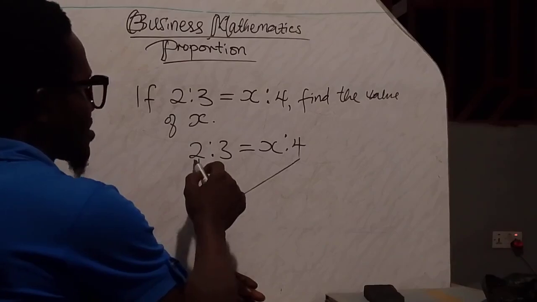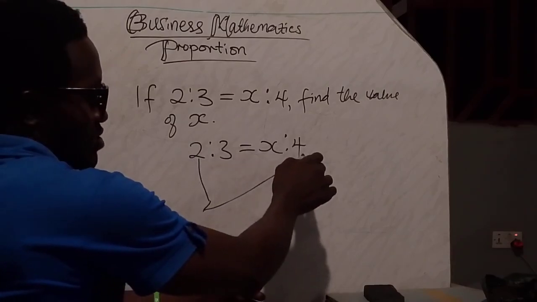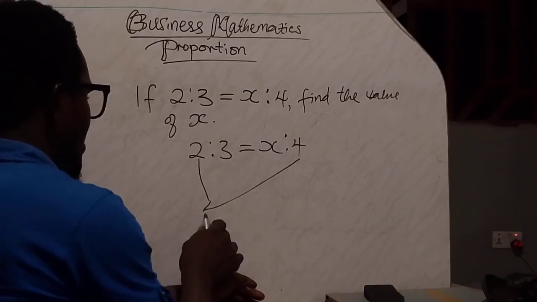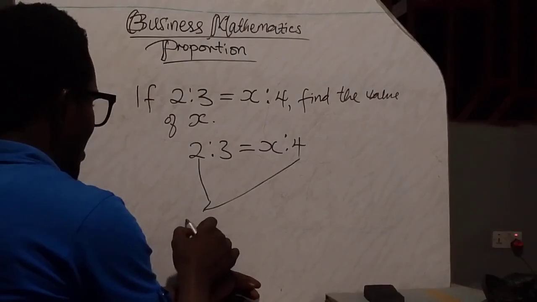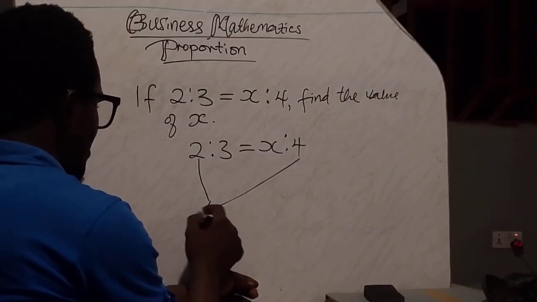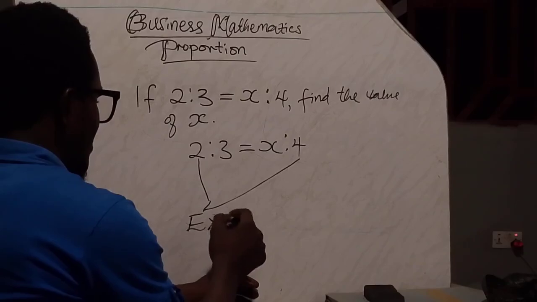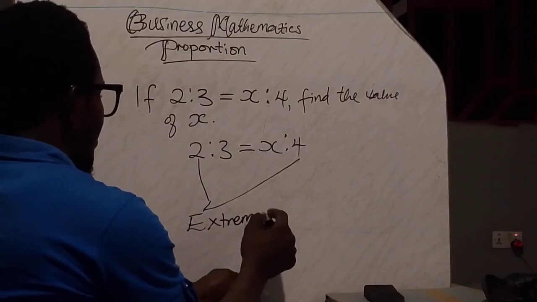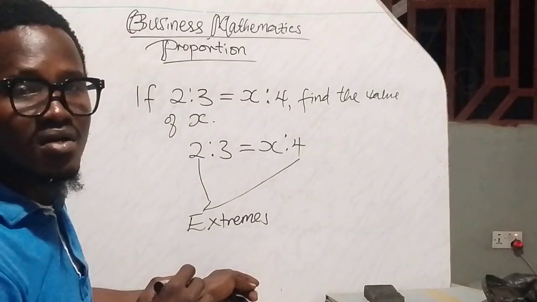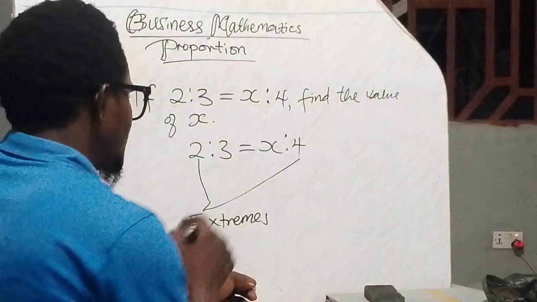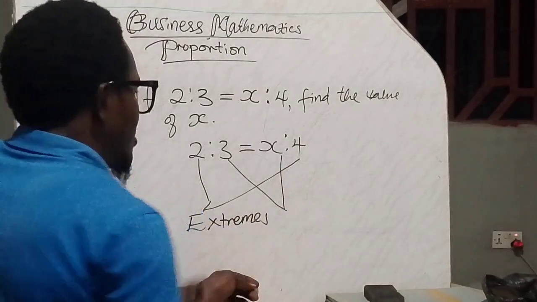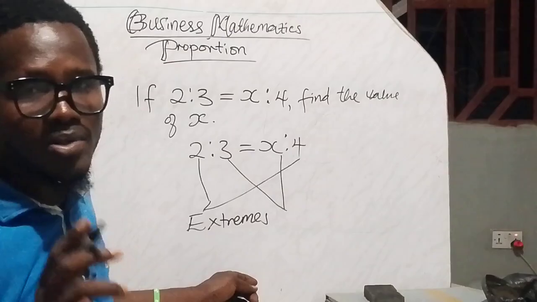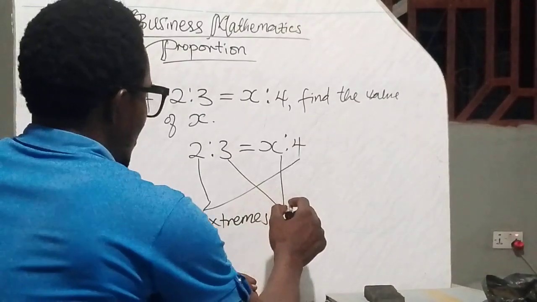The first term and the fourth term here are called the extremes. Now, the second term and the third term are called the means.